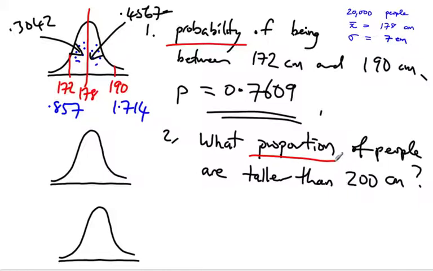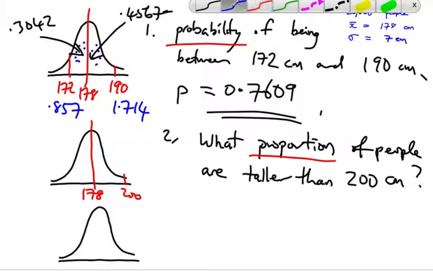But let's first of all work out the probability of being over 200 under these circumstances. All we do is we do our diagram, 178, 200 is way out there. 200 take away 178 is 22. 22 divided by 7.